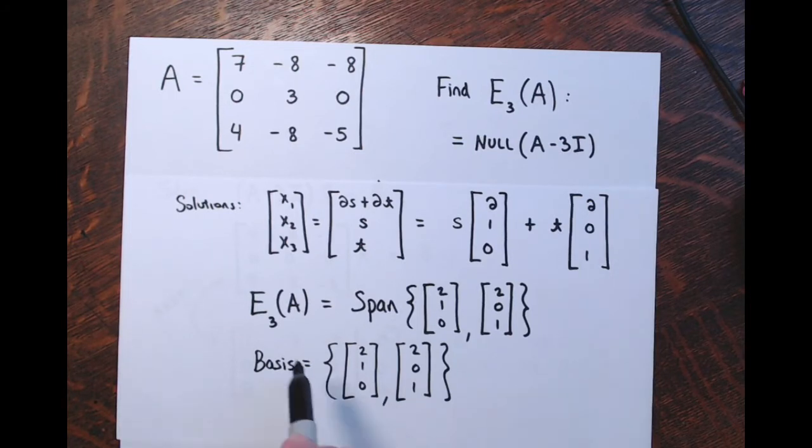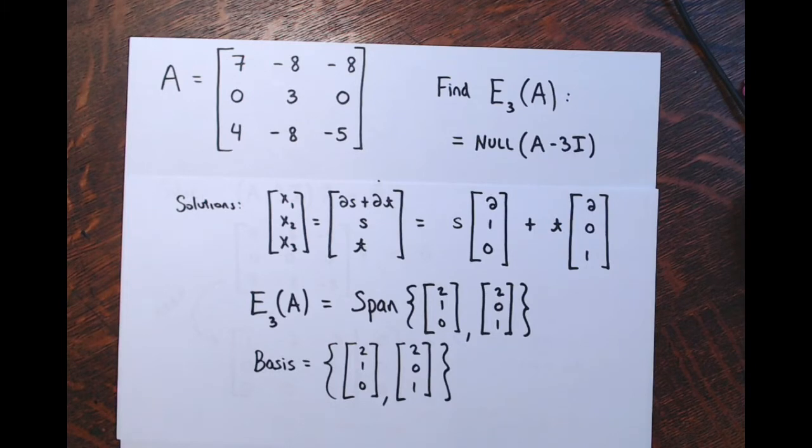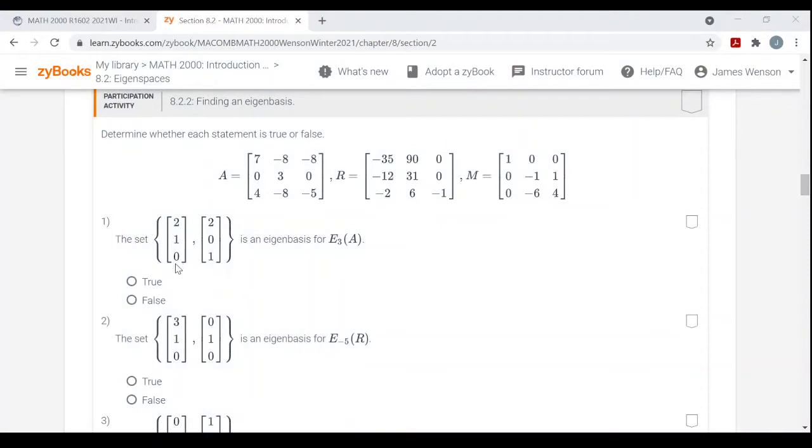And then again, the dimension of this eigenspace would be 2 again. And therefore they would say that the geometric multiplicity of lambda equals 3 was 2, the dimension of this corresponding eigenspace. Anyway, that looks like this set of vectors here, so this is true.